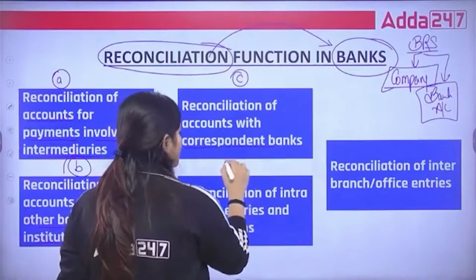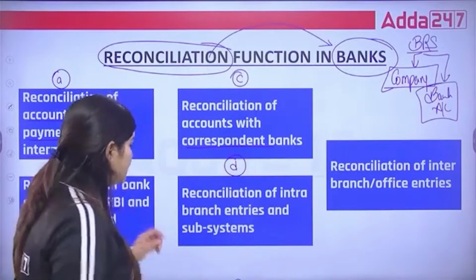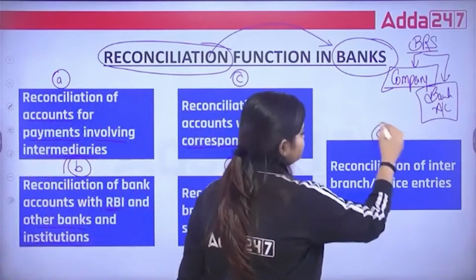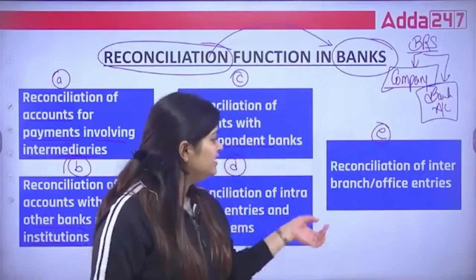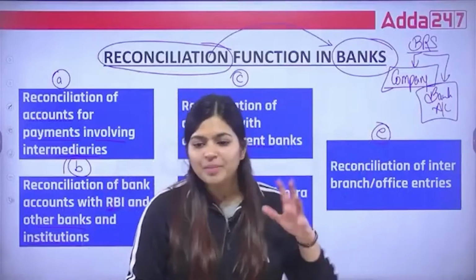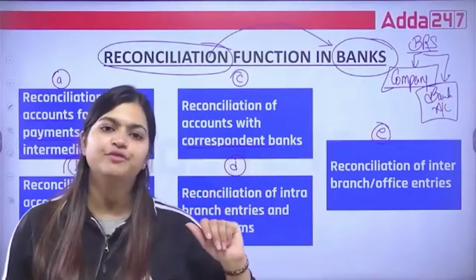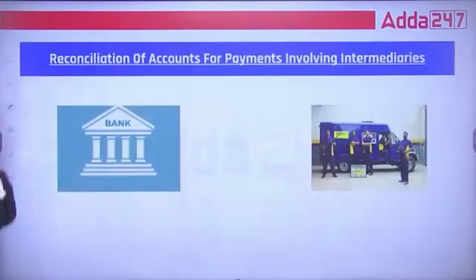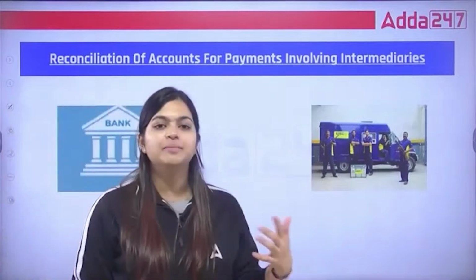Then next we are going to talk about reconciliation of inter-branch entries and subsystems, and last, reconciliation of inter-branch office entries. So basically we have 5 types of reconciliations in your bank. So let's start with the very first one. First one is your reconciliation of your accounts for payments involving intermediaries.